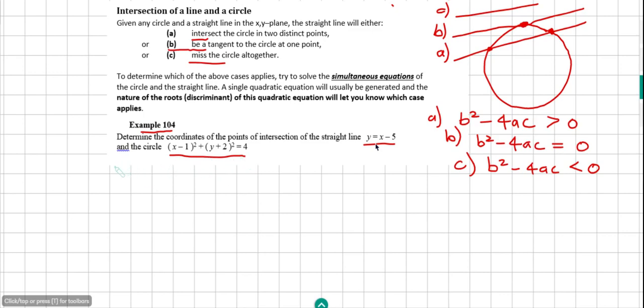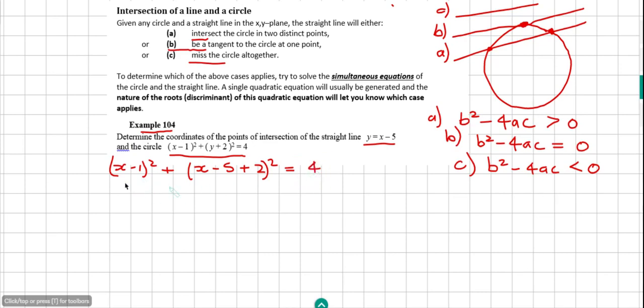So if we do that, then what we'll get is this (x minus 1) squared plus, and now replace the y by x minus 5, then plus 2 squared, and then that equals 4.